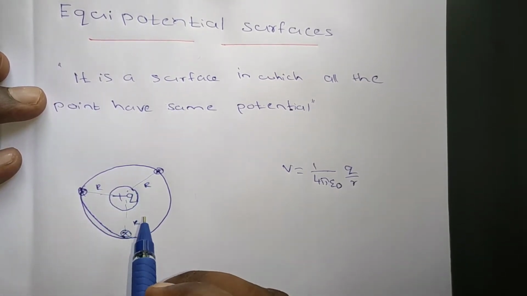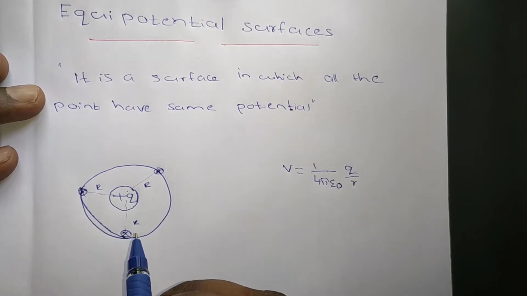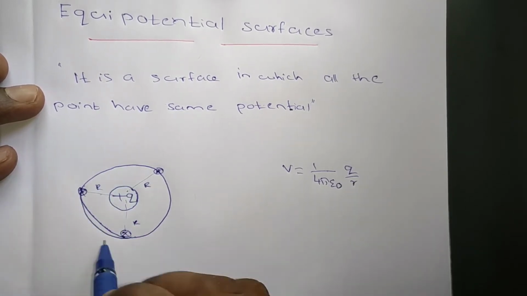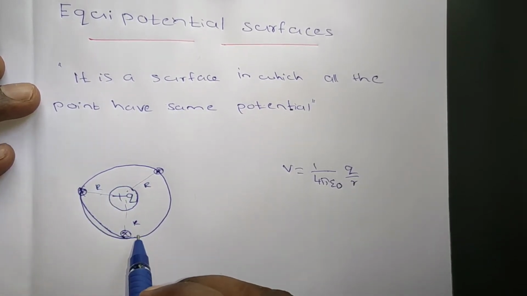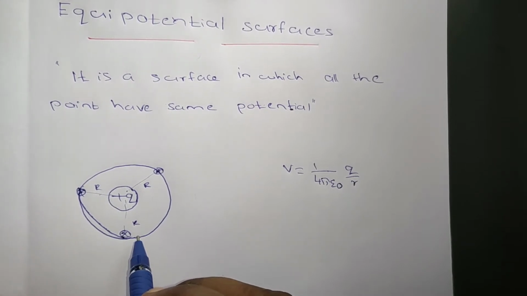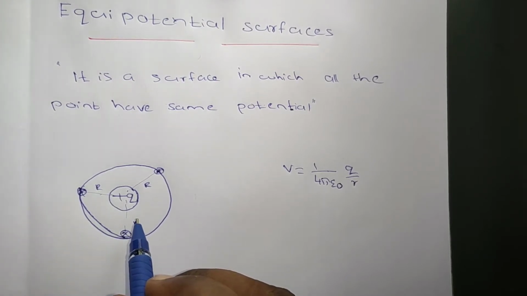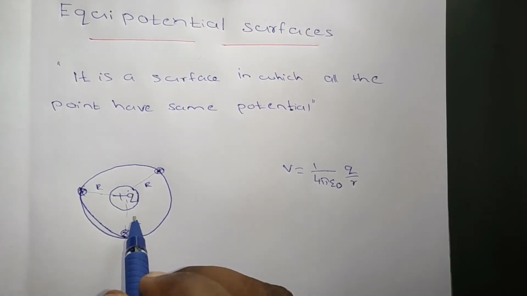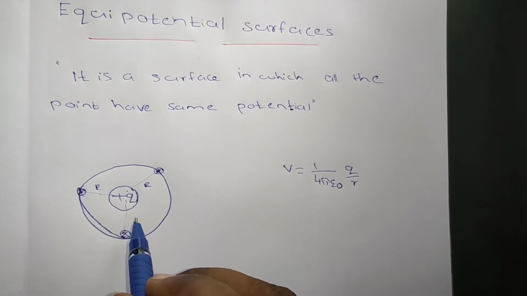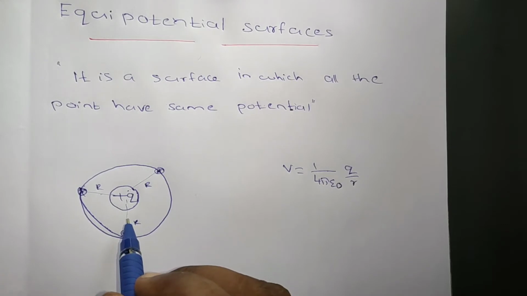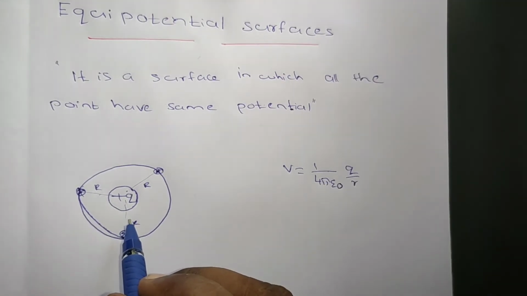The diagram is drawn two-dimensional, but you have to consider it as a three-dimensional surface. Consider that the point charge is at the center of a sphere and the surface is like a sphere around it.